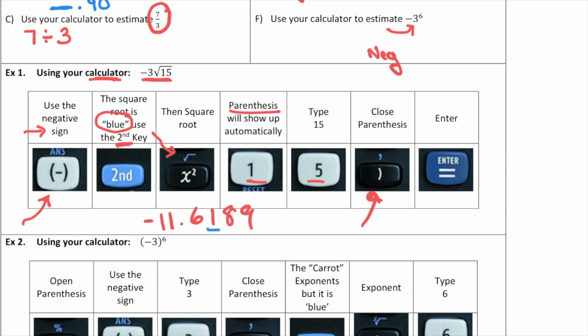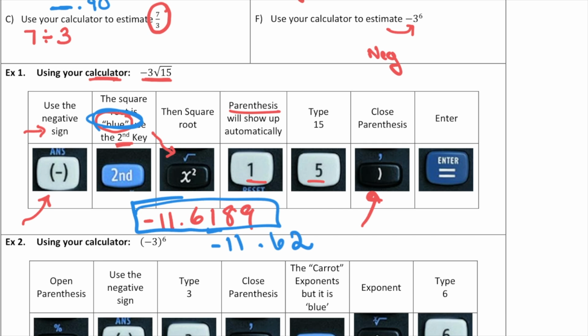Now again, we are rounding to the hundredth place, which is your second decimal. So this becomes -11.62. So practice until you get this answer. Make certain that you know how to use the second key and that you can use that square root.